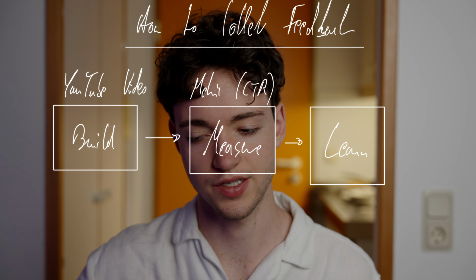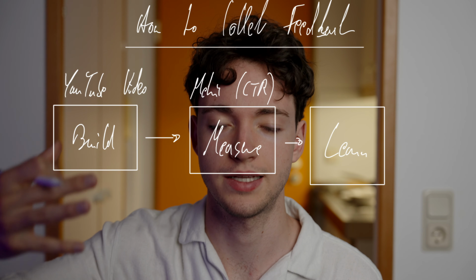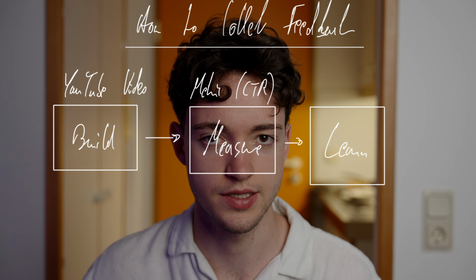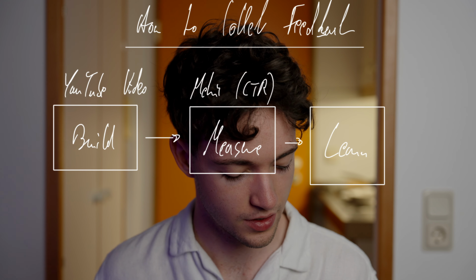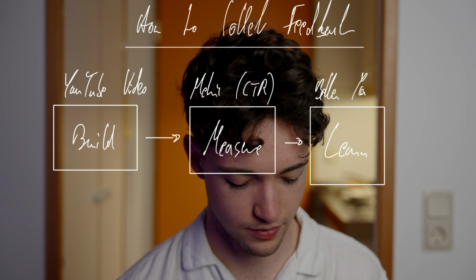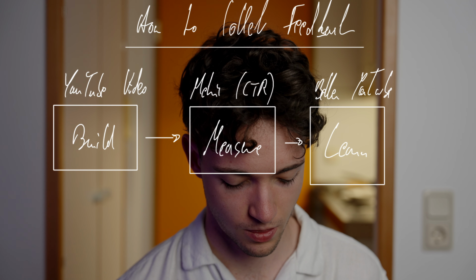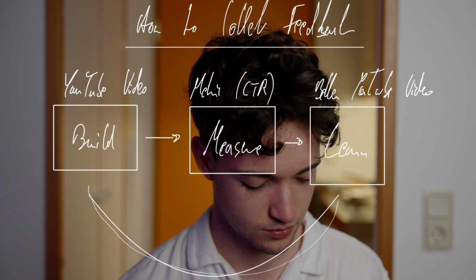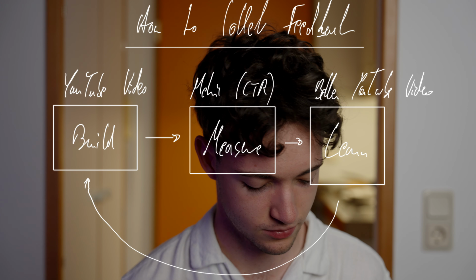So we can reverse engineer what went right with these videos, how they were packaged, how they were presented, so we can make more in that style in the future. And the learn part, of course, is exactly what I just described. So make a better YouTube video which would essentially mean we start all the way over here again.